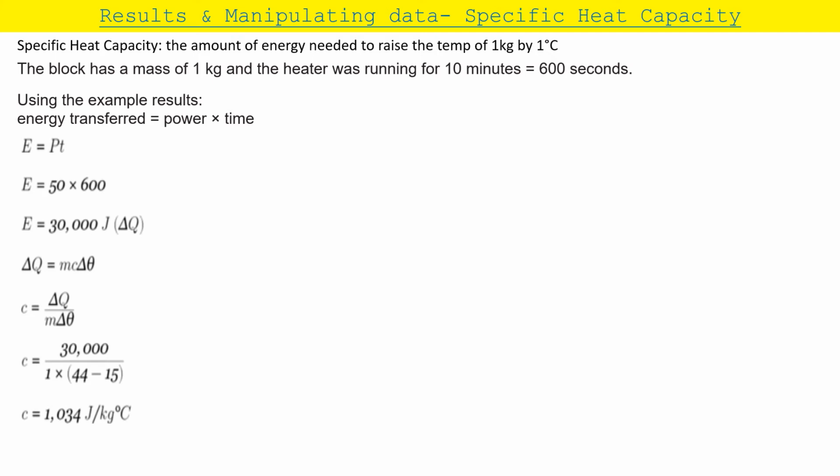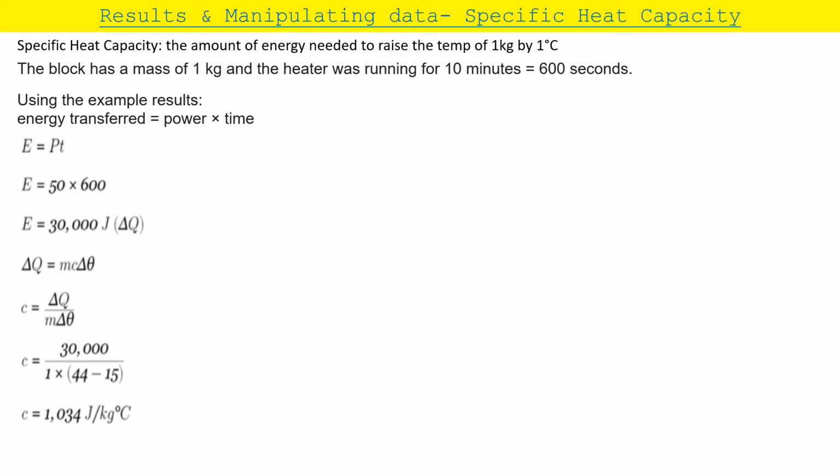However, for those of you who love a bit of maths, and I do love a bit of maths, this is easy marks, because if you know your equations, you can just pull it out of the hat and bish bosh bash, you have got 6 easy marks. So the first equation here is E equals P times T, which is energy transferred equals power times time.